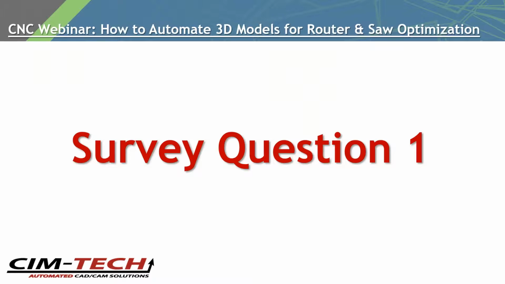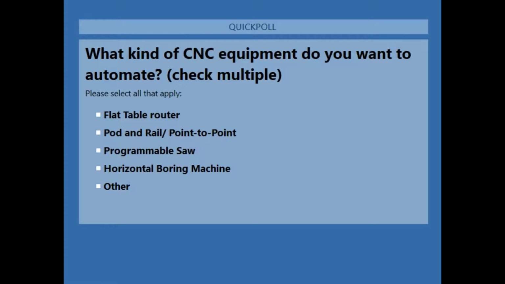And before Kenny dives in, we do have our first survey question. So you guys will see that pop up here on the screen. And that first question is, what kind of CNC equipment do you want to automate? Please check multiple as they apply to you. Flat table router, pod and rail or point-to-point, programmable saw, horizontal boring machine, or other. So we'll give everyone just a moment to put in their answers.